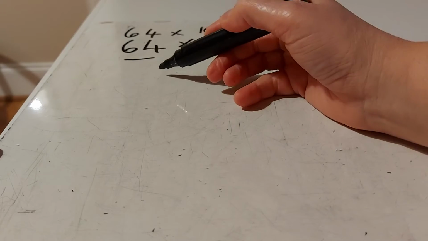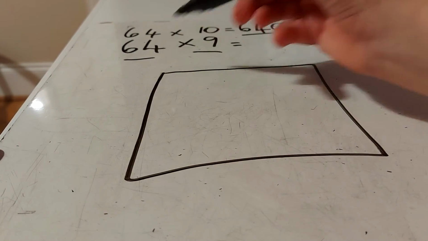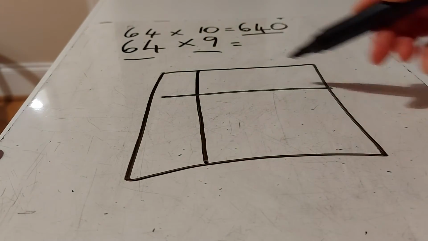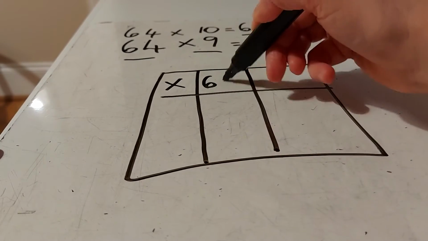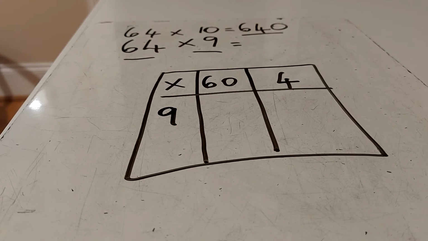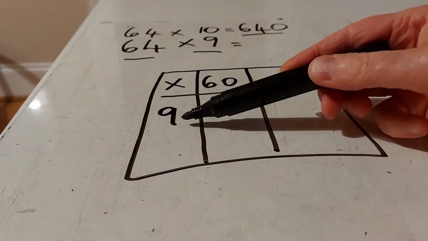So I'm going to draw my chart again. And we're going to set it out in exactly the same way with the times up there, 60 there, 4 there, and we're multiplying by 9, okay? If you want to start in the ones, that's fine. So the sum is 9 times 4.